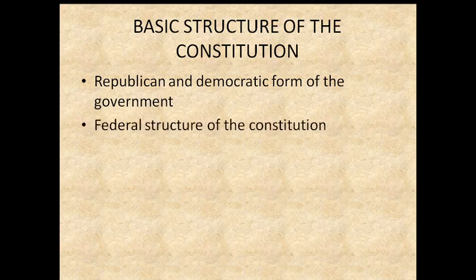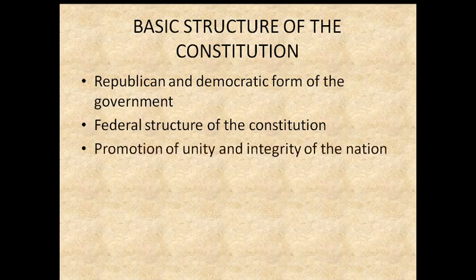Second, the federal structure of the Constitution. Federal means it divides the power between the center and the state government. Third, promotion of unity and integrity of the nation. That is, these values have been promoted.